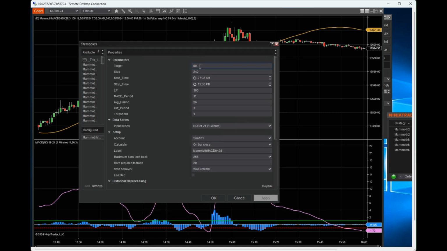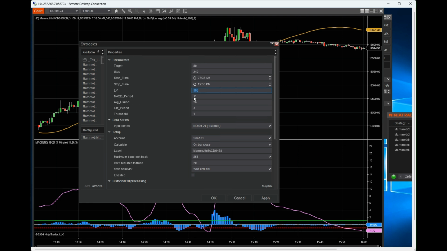I set the target at 80 ticks for the NQ September contract and the stop at 240 ticks, so basically the ratio is 1 to 3. The start time is 7:35 a.m. Central Time, and the stop time is 12:30 p.m. Central. The linear regression parameter is 100, which is basically the period of the linear regression.